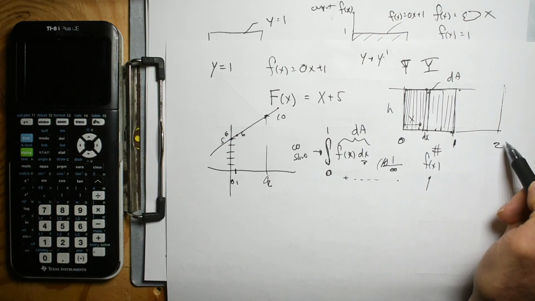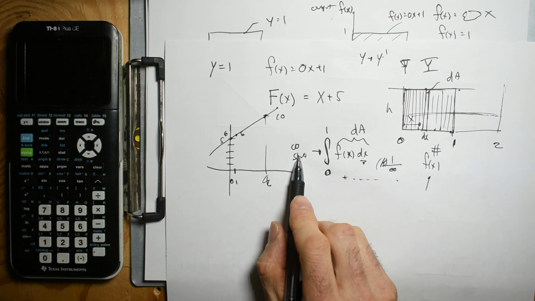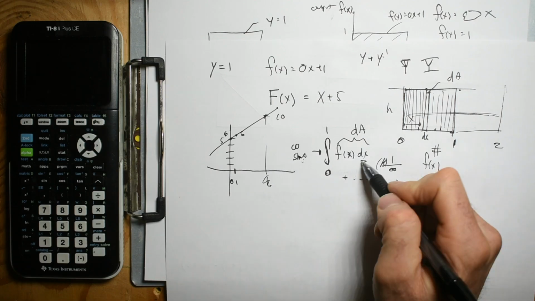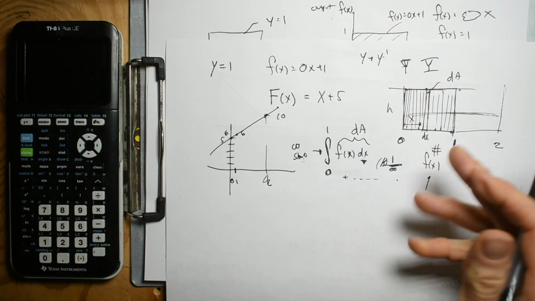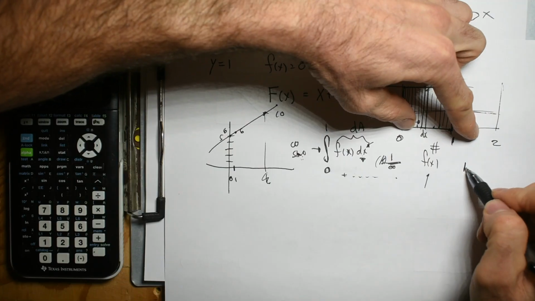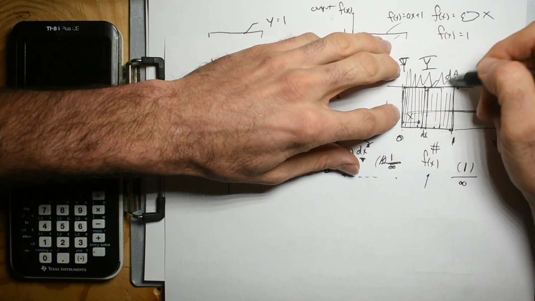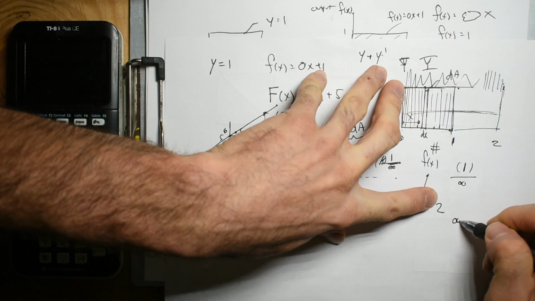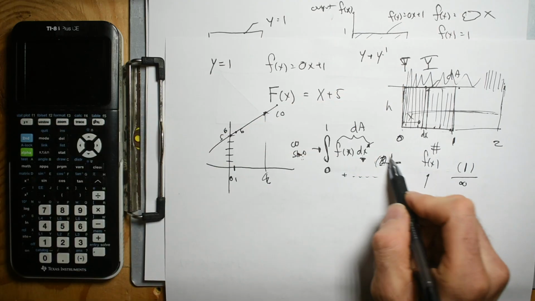Because if this was 0 to 2 and I had an infinite amount of slices, the width of these slices, taking the total width, would be 2, so each width would be 2 divided by infinity, and that's where that k factor maybe comes in.